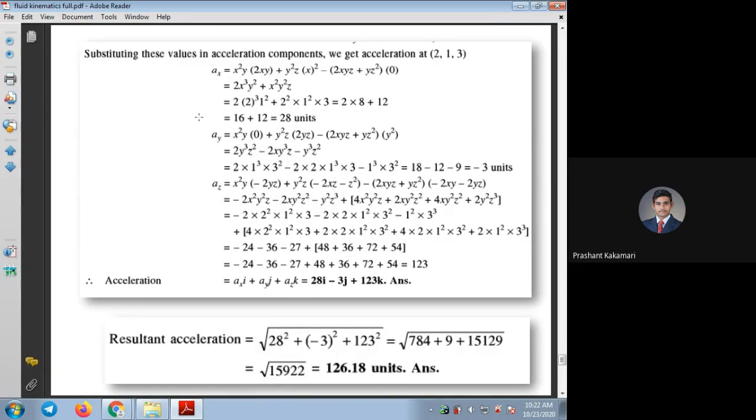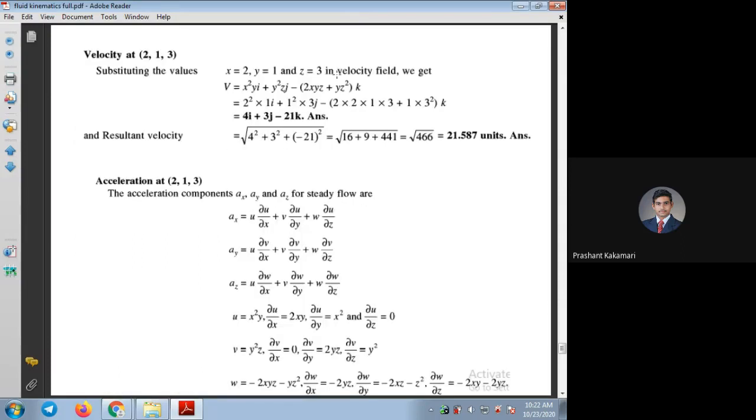That is, acceleration in x direction can be given as u ∂u/∂x plus v ∂u/∂y plus w ∂u/∂z. So for this ∂u/∂z, you have to take all these terms and substitute the values you found after the differentiation.